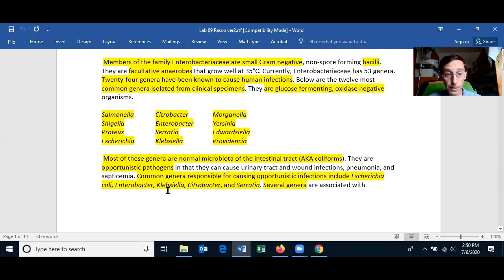The common genera that cause opportunistic infections include E. coli, Enterobacter, Klebsiella, Citrobacter, and Serratia.